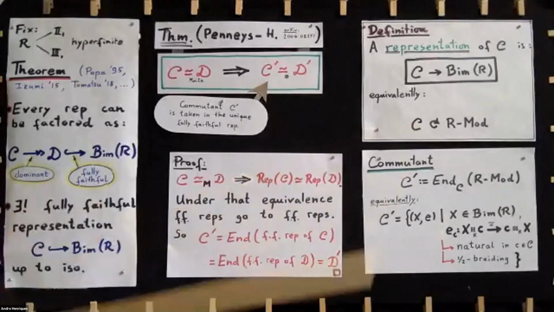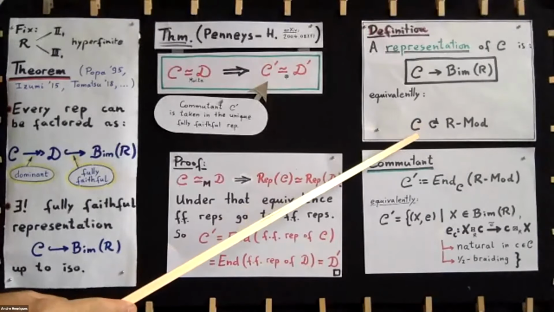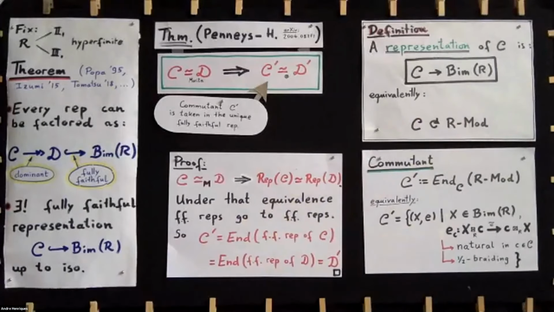So C was a fusion category which had only finite direct sums of simples as objects. That's just a tiny bit too small. So let's make it bigger by allowing infinite direct sums of objects. The same finite set of simple objects, but infinite direct sums. And then C and C prime become each other's commutants. That's actually a thing that Dave Penneys and I have proven.